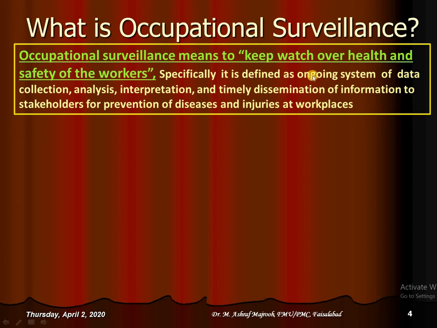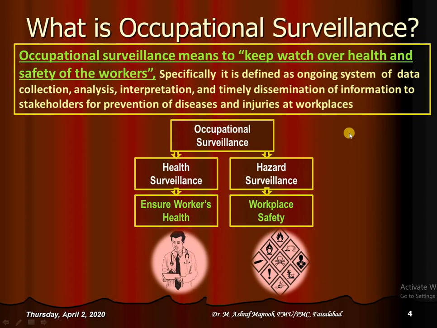So the keywords are: it is an ongoing system of collection of data, its analysis, interpretation, and most important is the timely dissemination to the stakeholders. The stakeholders are those persons who have to take action on the surveillance. So this is the definition.